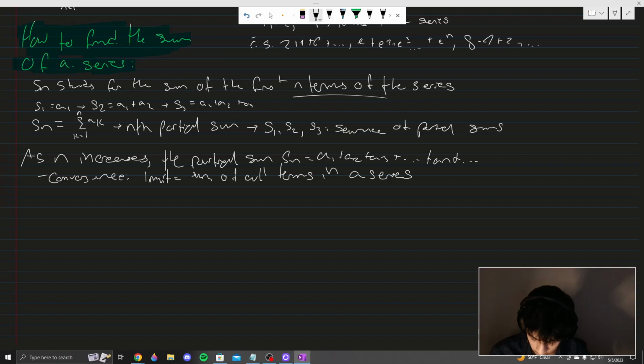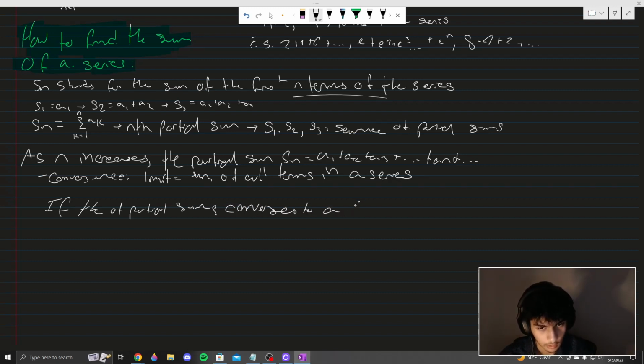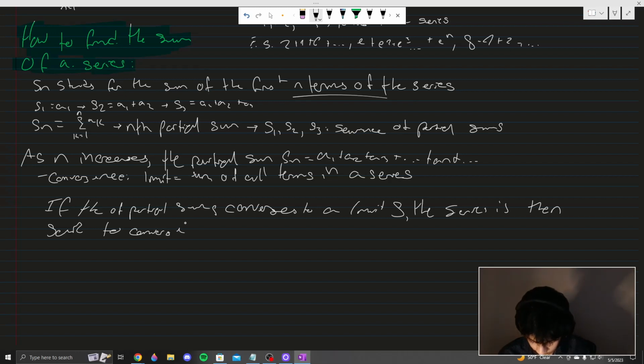Right, so to be a little bit more technical, if we want to use some technical terms, if the sequence of partial sums converges to a limit S, this is a mathematical formula now, the series is then said to converge, and S represents the sum of the series.